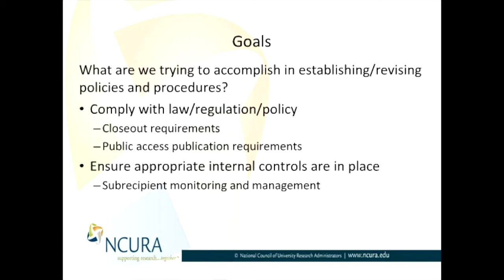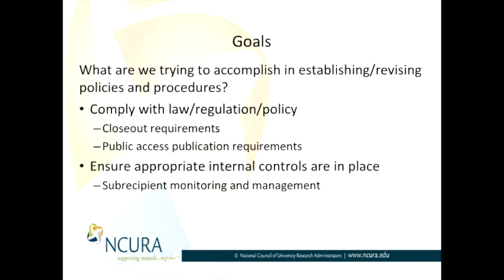So the important thing with public access requirements for us to be aware of is that if we're non-compliant with these requirements, that has the potential to impact the receipt of future grants. So we absolutely need to be aware of the mechanisms for compliance with those requirements.